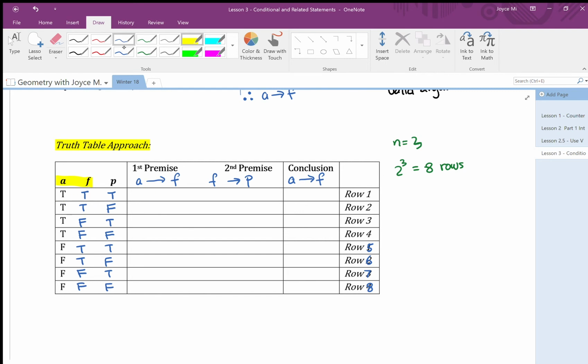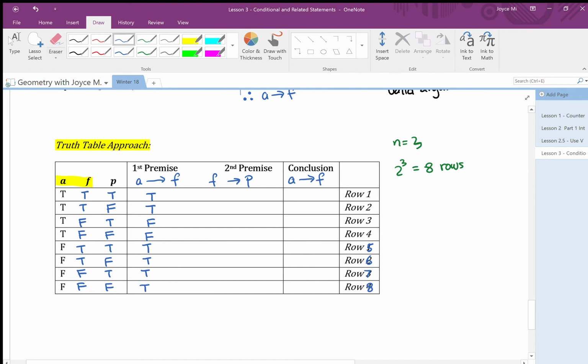Well, true, true is true. Second row I have true, true, so true. Third one I have true, false. We say true, false is false in a conditional. So this is false. I have true, false, so false. False, true is true. False, true is true. False, false is also true.